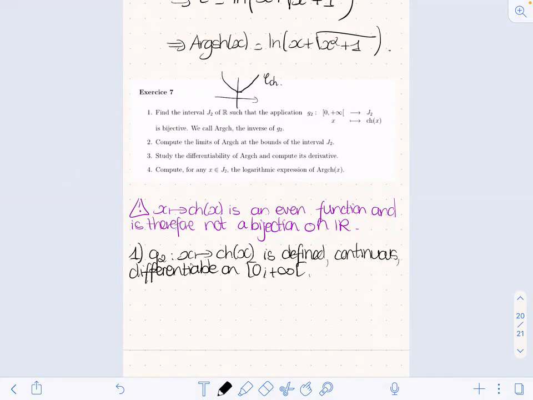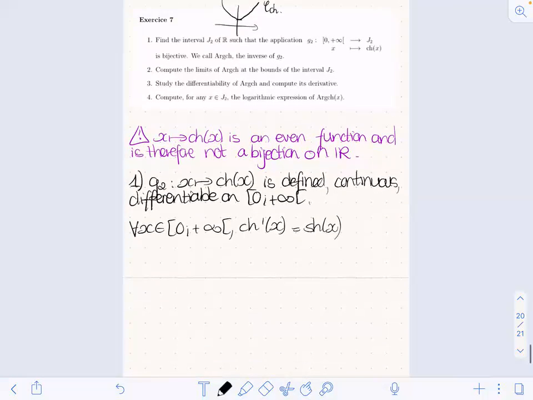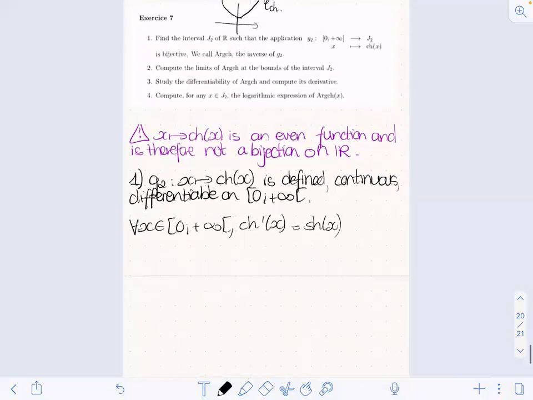And what's the derivative of this function? So if you're on 0 plus infinity and you derive ch, you'll get sh of x. Okay, so that's some information we can use to show that we've got a bijection.